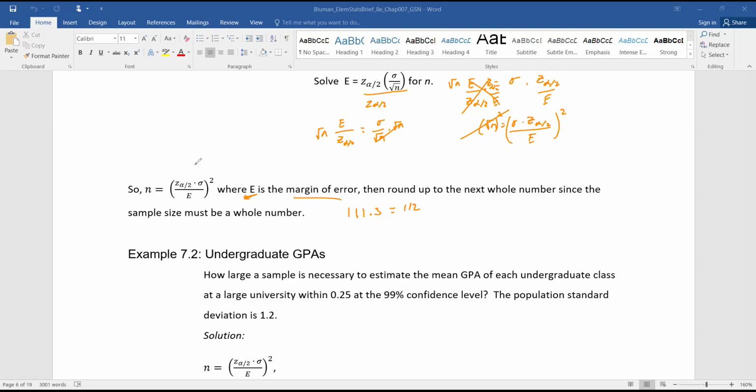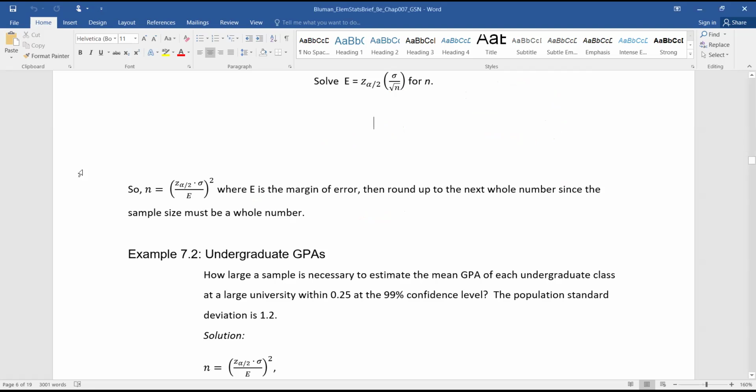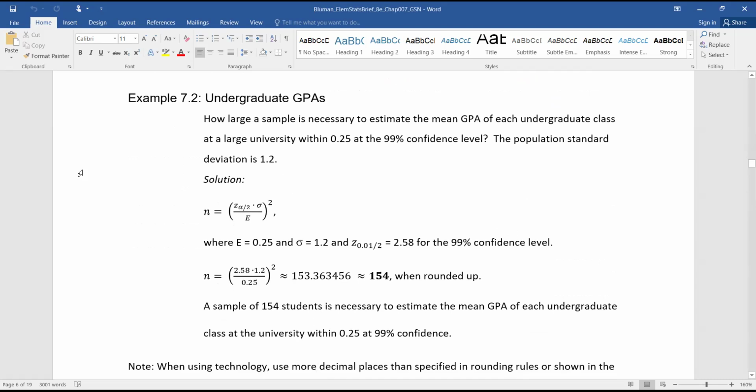All right, so let's determine our sample size in example 2. Talking about undergraduates' GPAs. So how large a sample is necessary to estimate the mean GPA of each undergraduate class at a large university within 0.25, so that's your margin of error here, and at the 99% confidence interval.